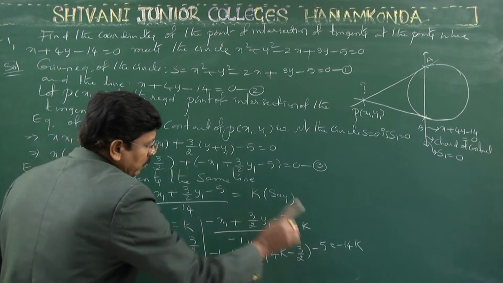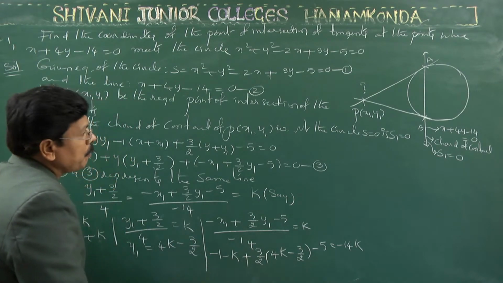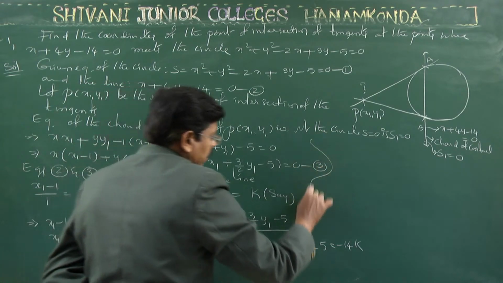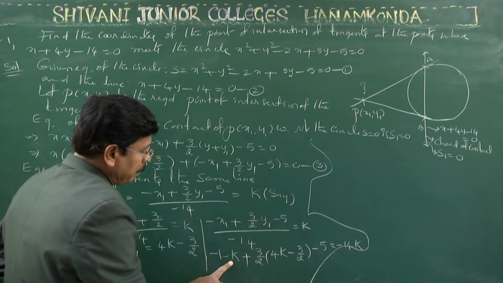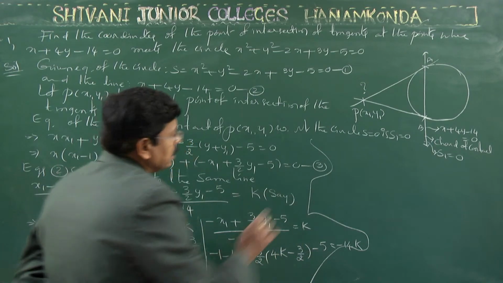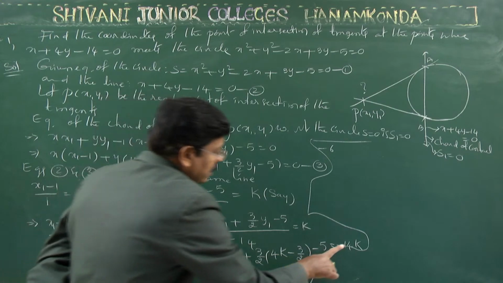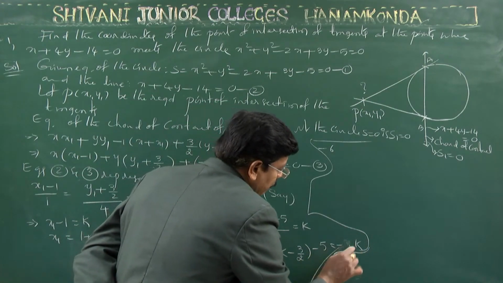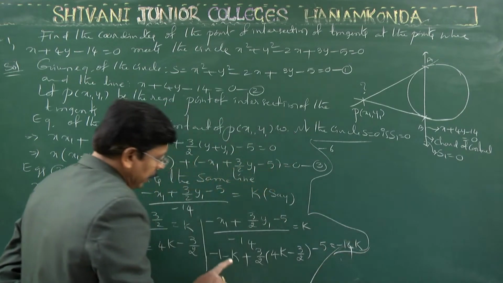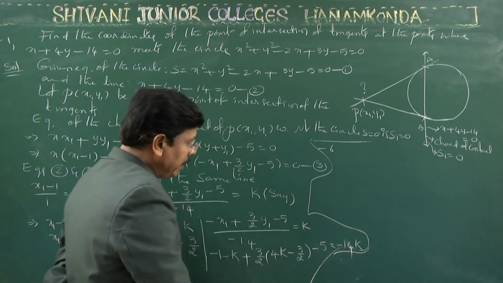Now do cross multiplication and simplify the value. In place of it we write minus k, and minus 6. On the right side we have minus 14k, and minus k comes to the right side, giving minus 13k.